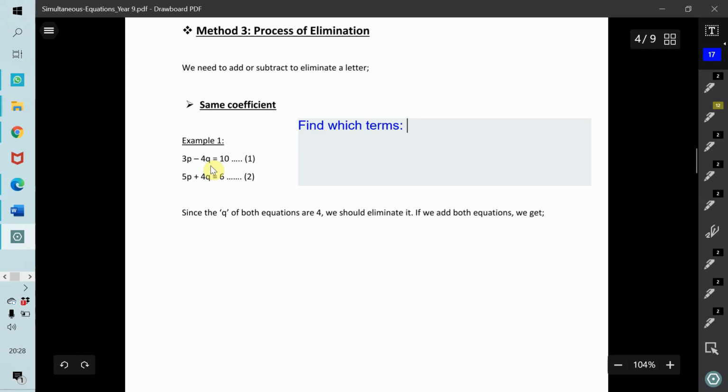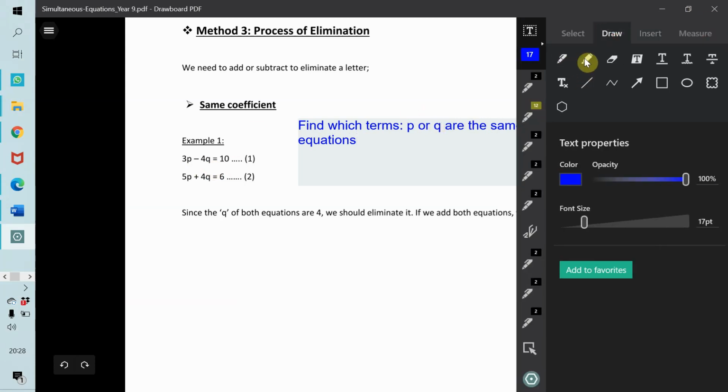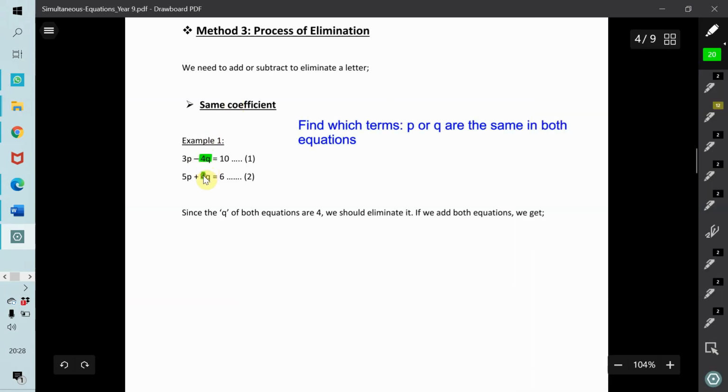Which, P or Q, are the same in both equations? Now, if you look at both of your equations, you will notice, and I will use a highlighter over here, that both of them have 4Q. So that means we are going to be eliminating the 4Q from both of our equations.